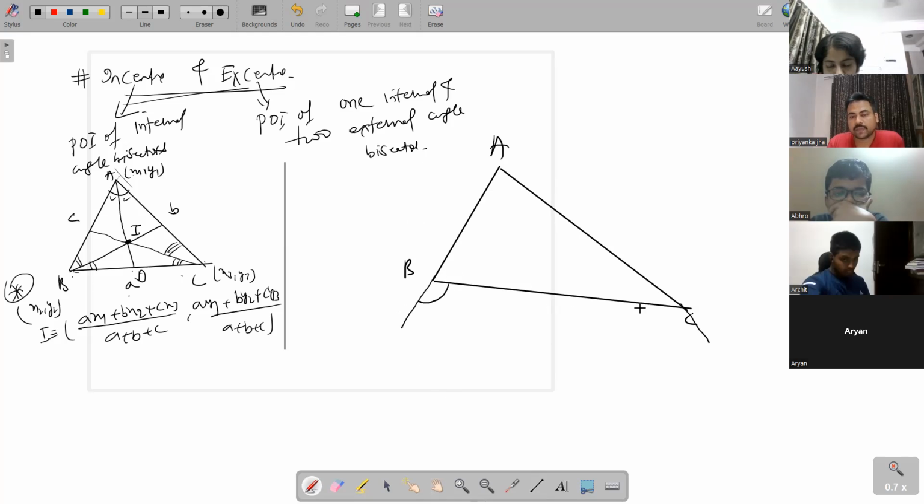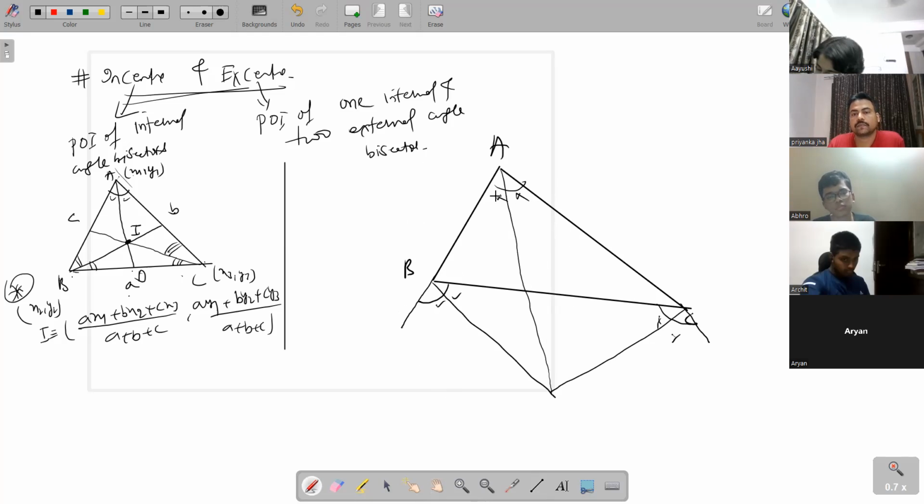So these two are external angles. So the bisector of this angle, and one internal angle bisector, so this is excenter 1. Similarly, there will be one excenter over here and one over here. We'll study everything about this in detail in solution of triangle.